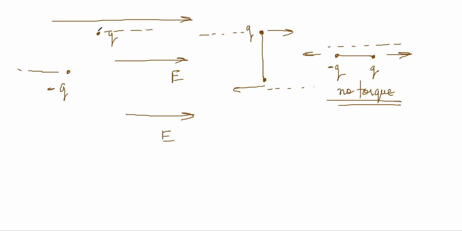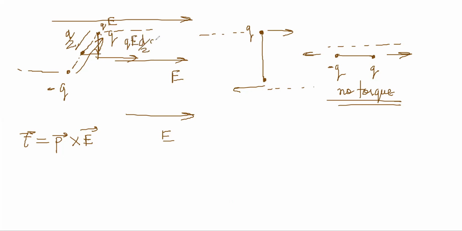And we did that calculation earlier, and the torque due to this would be P cross E, where P is the dipole moment vector and E is the electric field vector. You understand how it comes. Force is QE on top, so QE into d by 2, and the turning effect of this is QE into d by 2 sine theta.